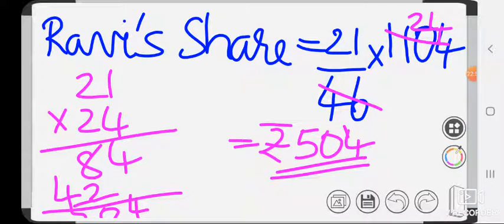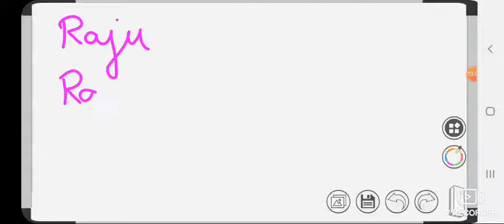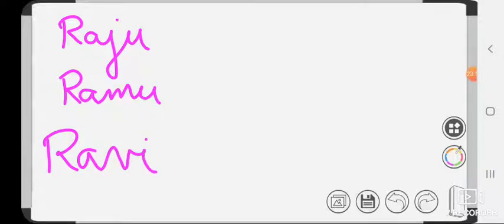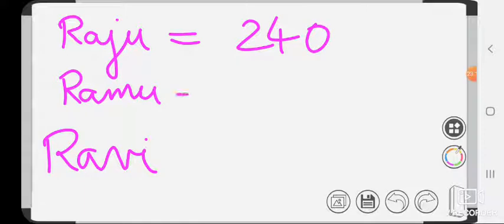Now we got each person's share. How much money will they share? Once more I'll write. These are the friends, Raju, Ramu and Ravi. The first one's share is 240 rupees. The second one's share is 360 rupees.